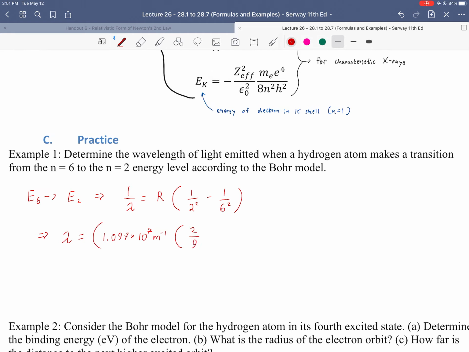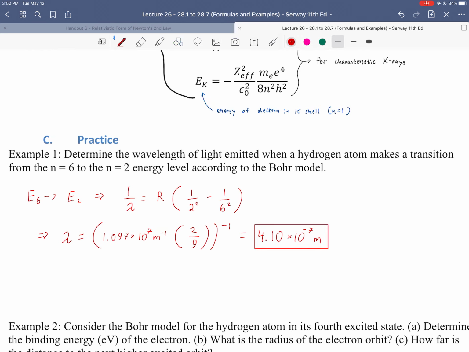So 2/9. And then that whole thing has to be raised to the -1 power, because that's the way I was able to get lambda by itself. Just take its reciprocal. And so that ends up being 4.10 times 10 to the negative 7th meters, which is our answer.